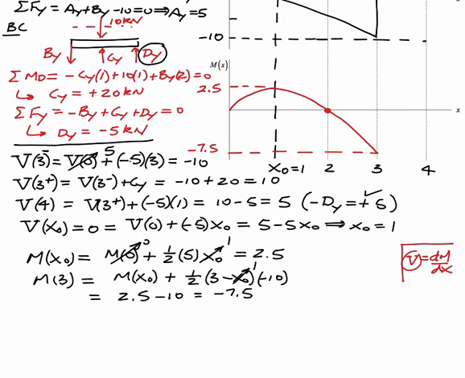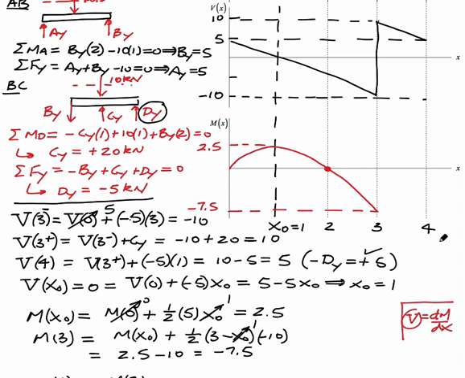If you do the math, it works out, but we know that, so let's take full advantage of that. Now if I want to figure out what it is at 4, the bending moment at 4 is the bending moment at 3, and in this case what I have is a trapezoid. So I'm going to break the trapezoid up into two parts.